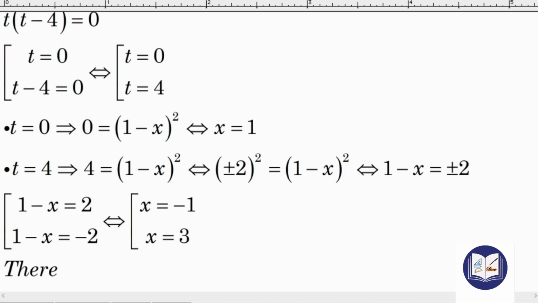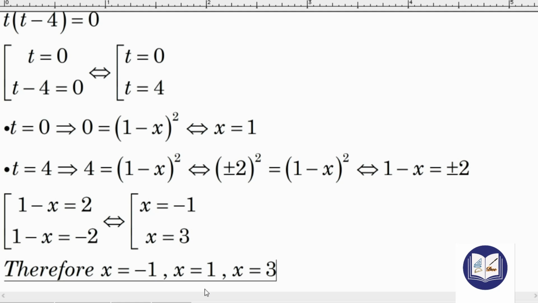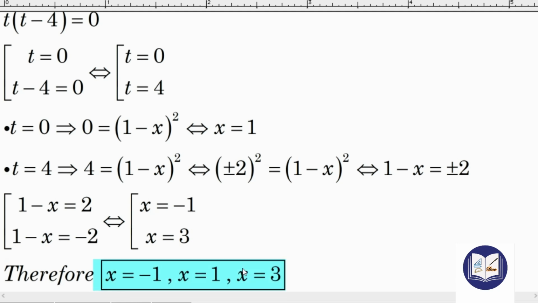Therefore, x equal to minus 1, x equal to 1 and x equal to 3 are the roots of the equation. Now we have finished solving this equation, and I hope you understand.